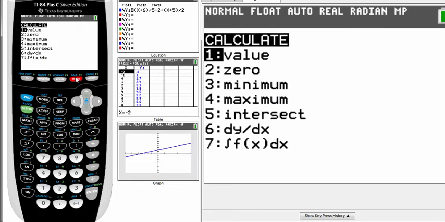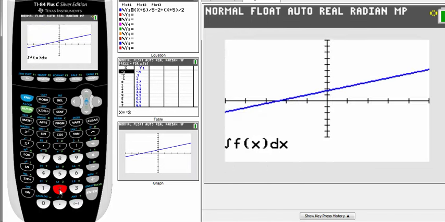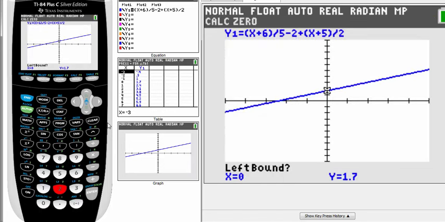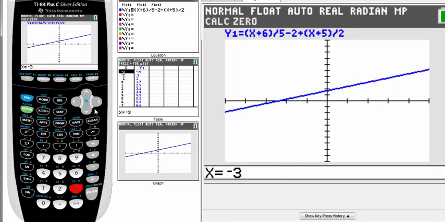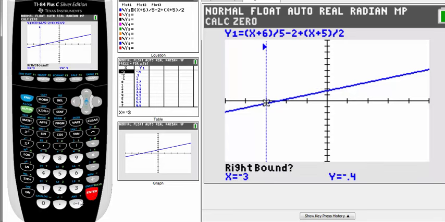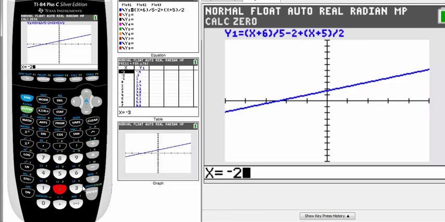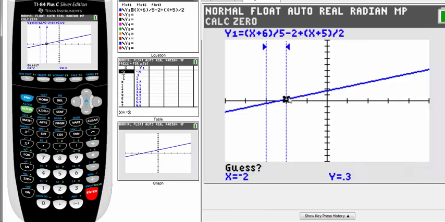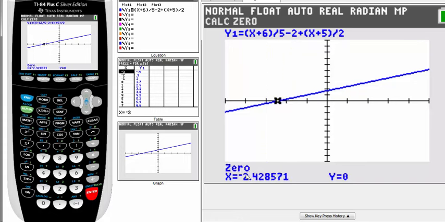So to find that exact value, I go second calc. I choose value number 2 to find the 0 of my function. Now left bound I could arrow over if I wanted, or I could just put in a negative 3. And then my right bound would be a negative 2, or I could arrow over. But see how I'm covering either side, and then my guess I can just leave at my last value.